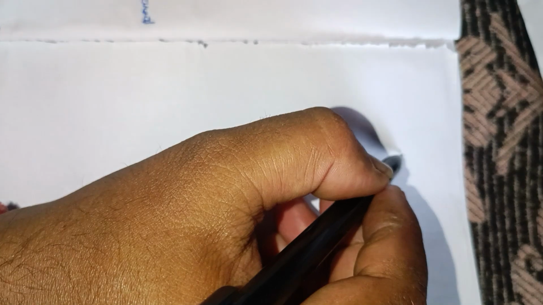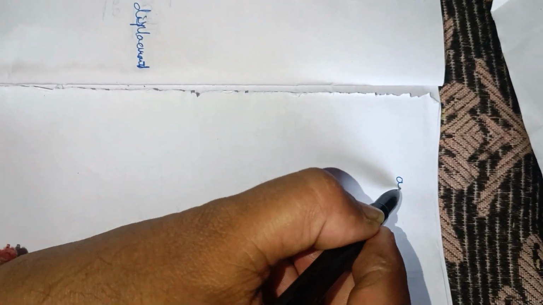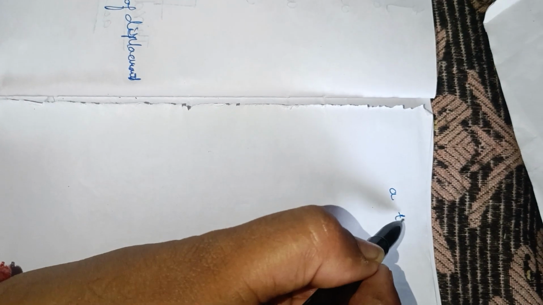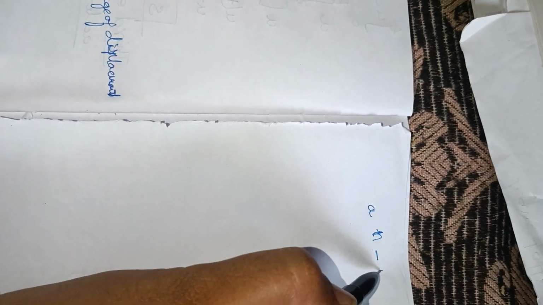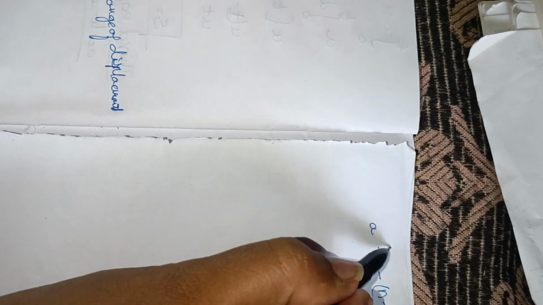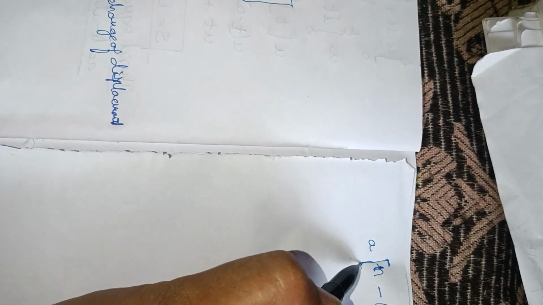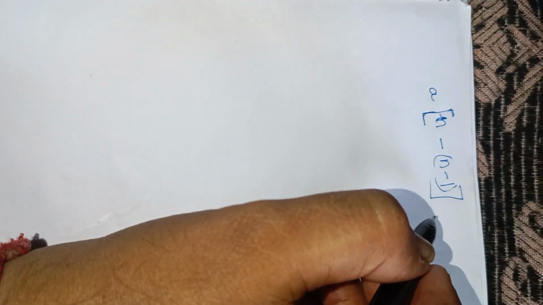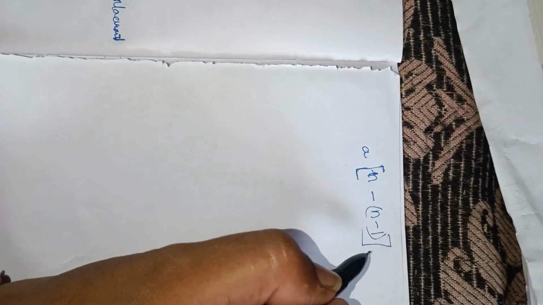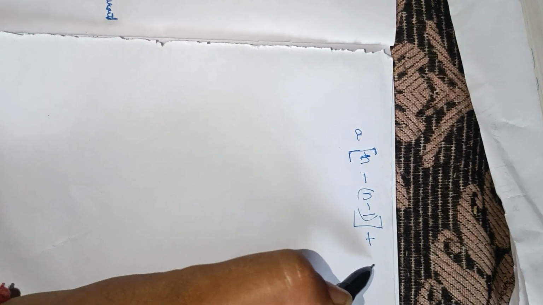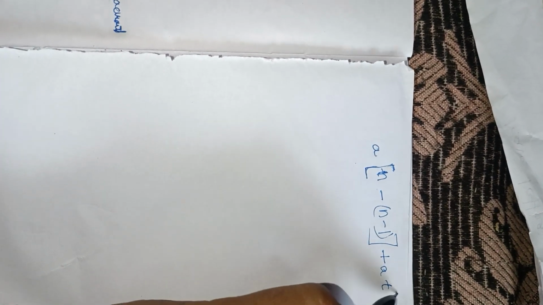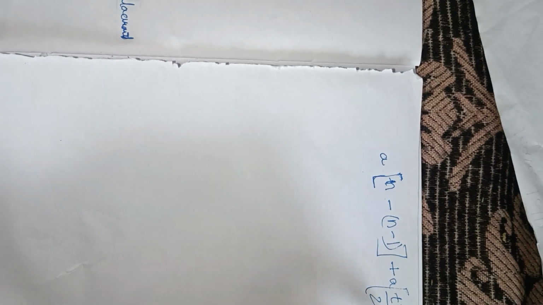Next, we also have to apply the limits: a t, with upper limit n and lower limit n minus 1 under the bracket, so that you can understand very clearly. Plus a times t square by 2 under the limits from n to n minus 1. I hope you will be very clear regarding the upper limit and the lower limit.